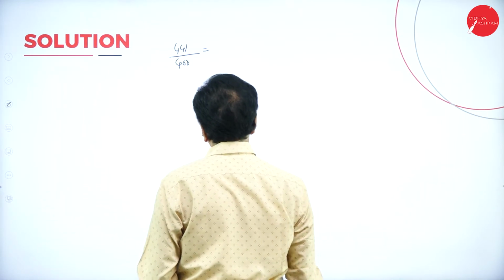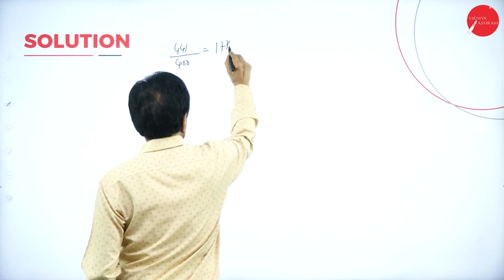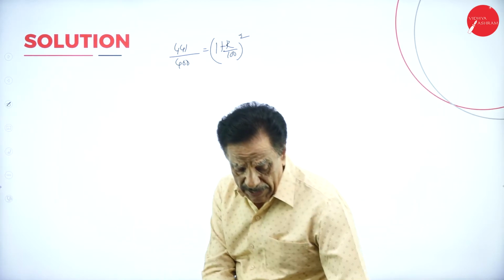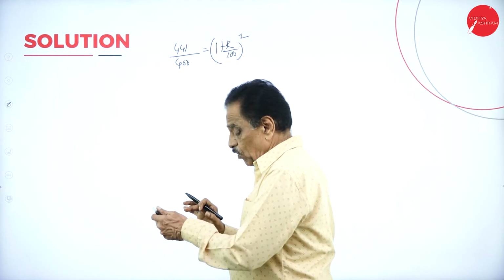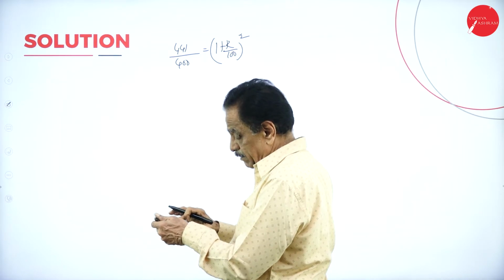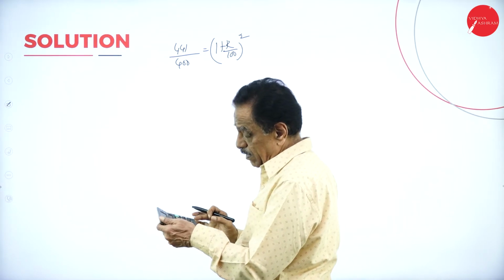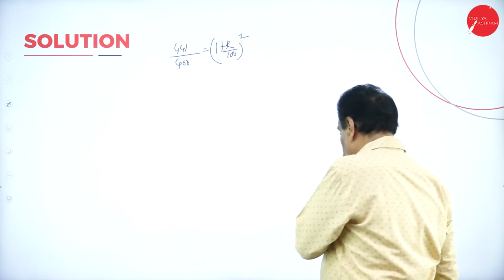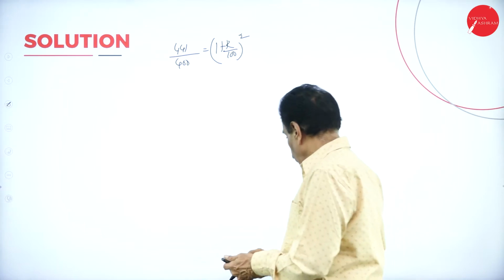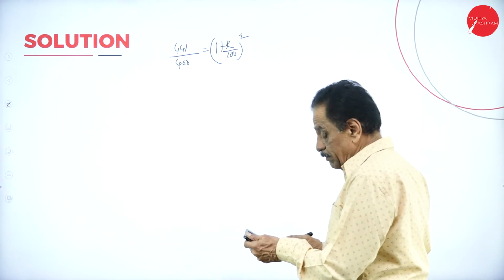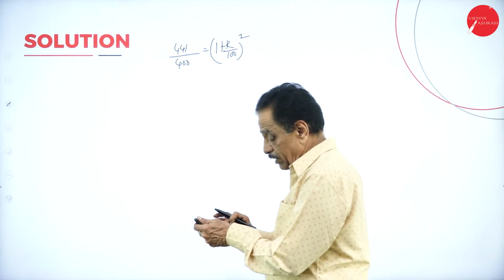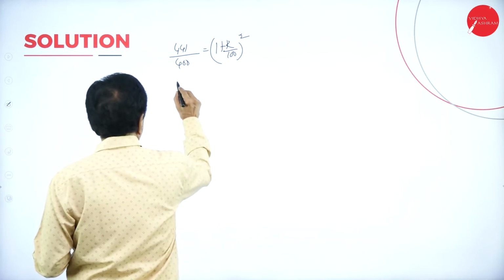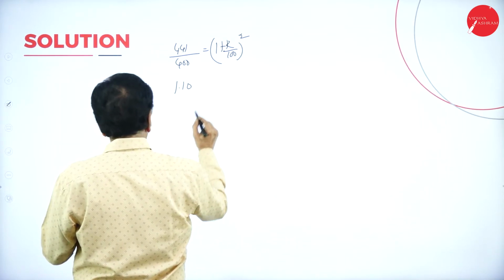What's left over? 1 plus R over 100 to the power 2 is 441 divided by 400. Divide 441 by 400, which is 1.1025.